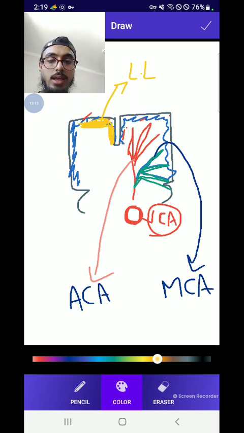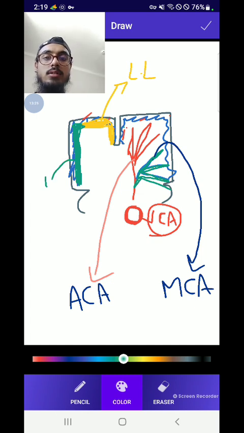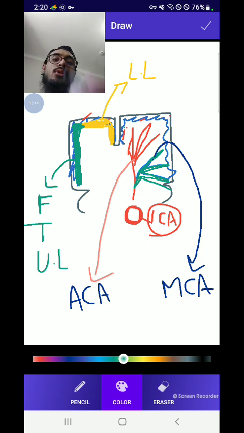And all this area, which I highlighted here in green, which is a part of the primary somatosensory cortex, controls your face, your face sensations, your tongue sensations, your upper limb sensations. All these sensations are controlled by this area, the primary somatosensory area.